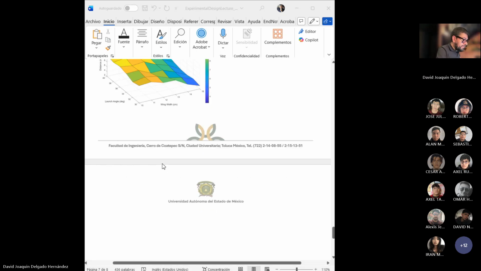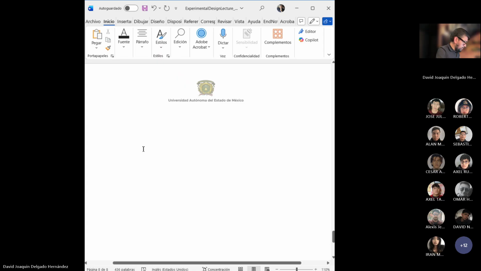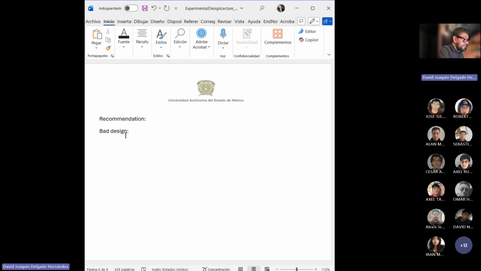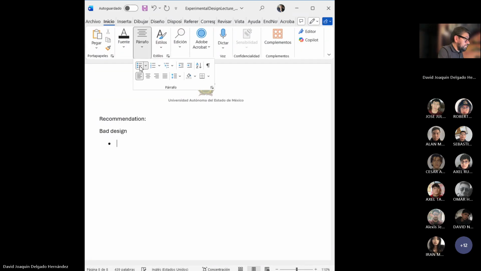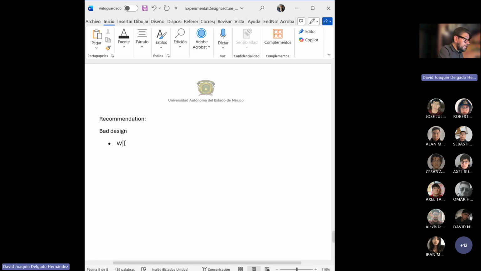So here, recommendation, we can put the following. Bad design, so it will be wing width here. This is an example, right?